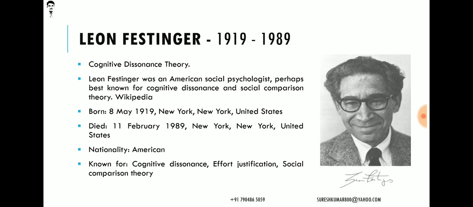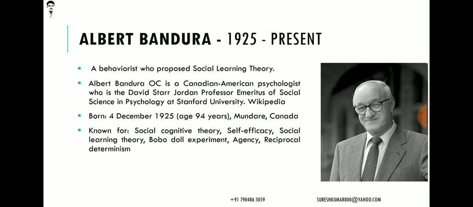He was born on May 8th, 1919 in New York, United States, and died on 11th February 1989 in New York. He is known not only for cognitive dissonance, but also for effort justification and social comparison theory.